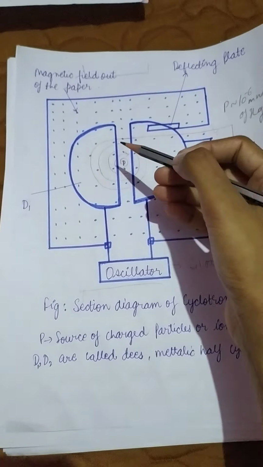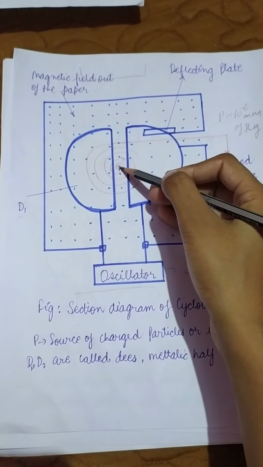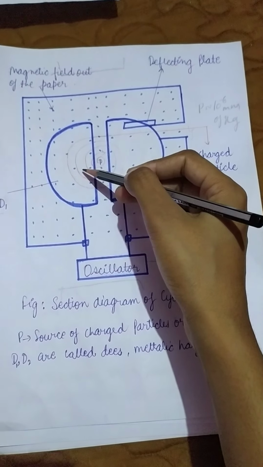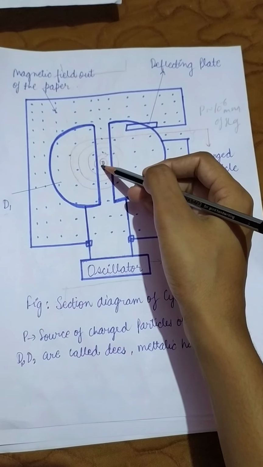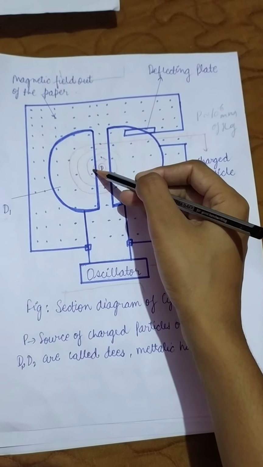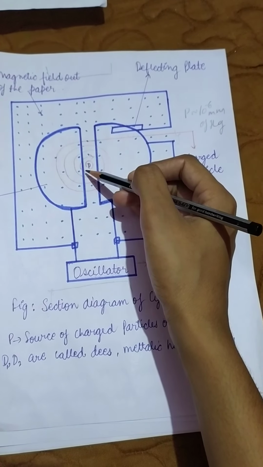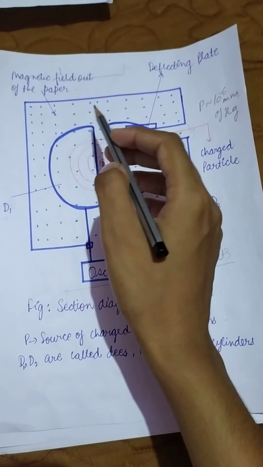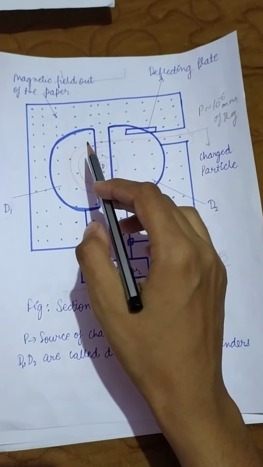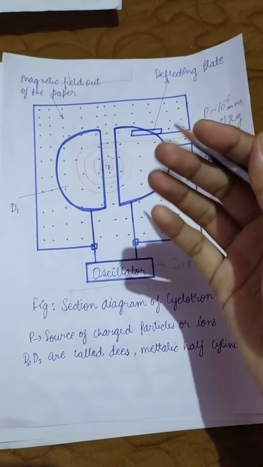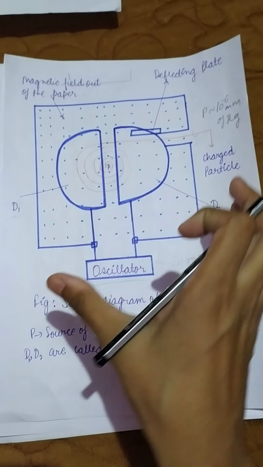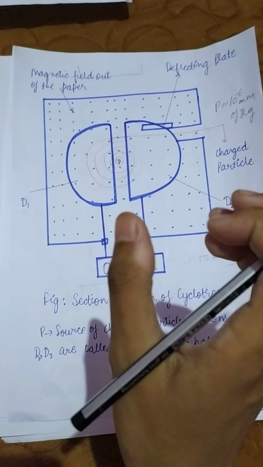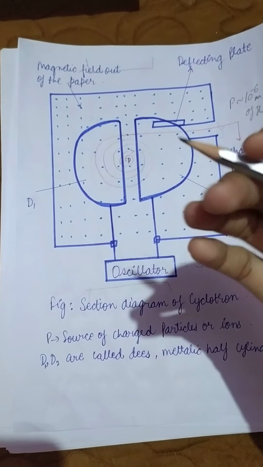So we have a positively charged proton here and a negatively charged plate, and the particle gets accelerated towards this plate D1. We already know that we have an electric field in this direction, and then we have the magnetic field in this cyclotron, which is applied perpendicular to the direction of the electric field. So the electric field and magnetic field are perpendicular to each other.